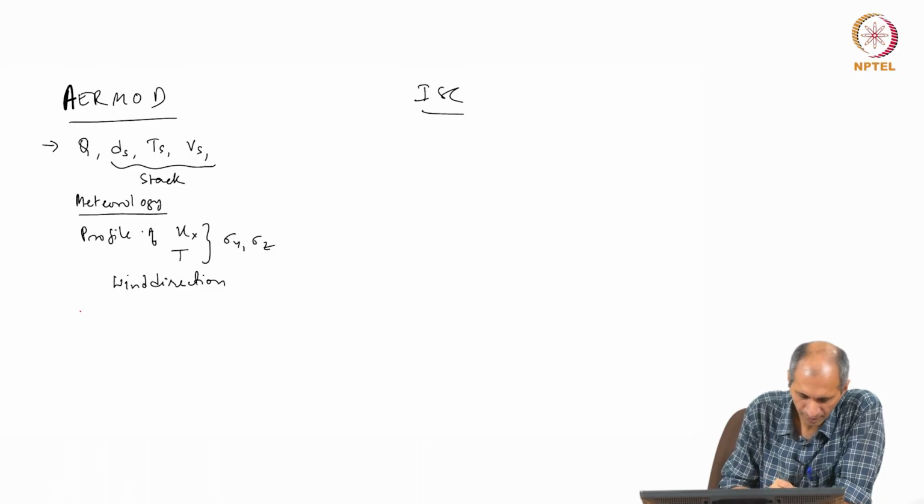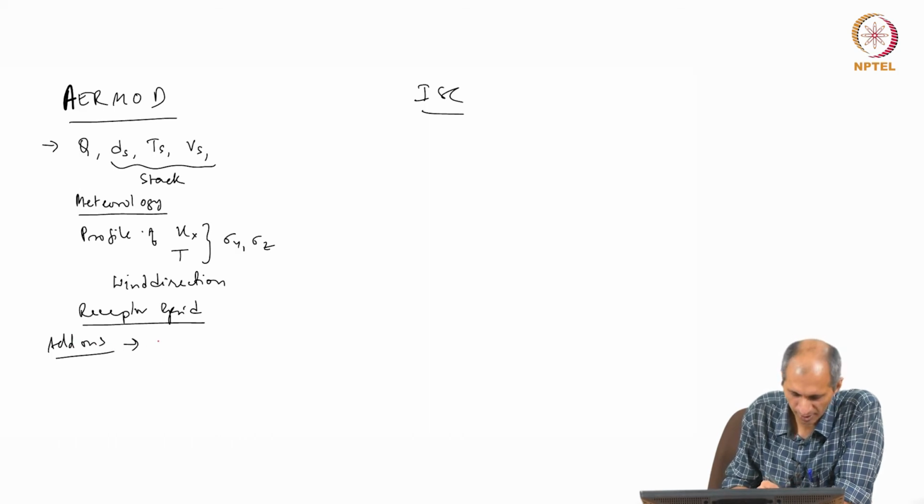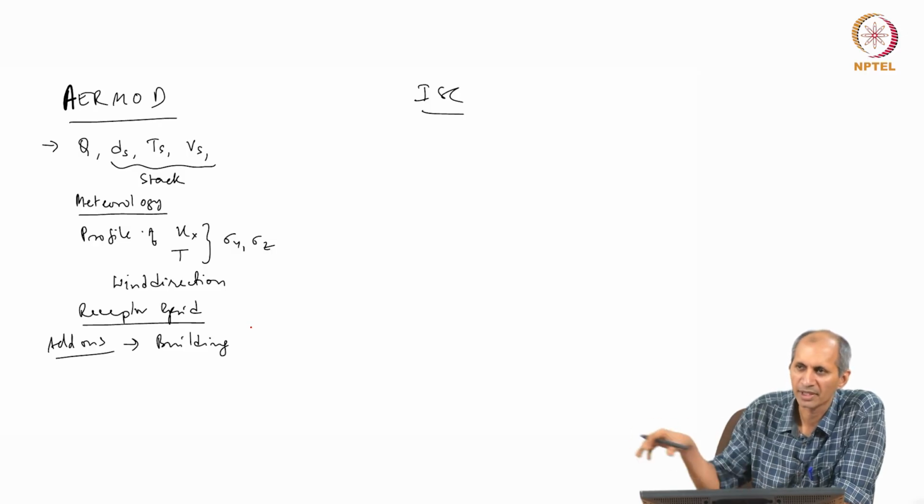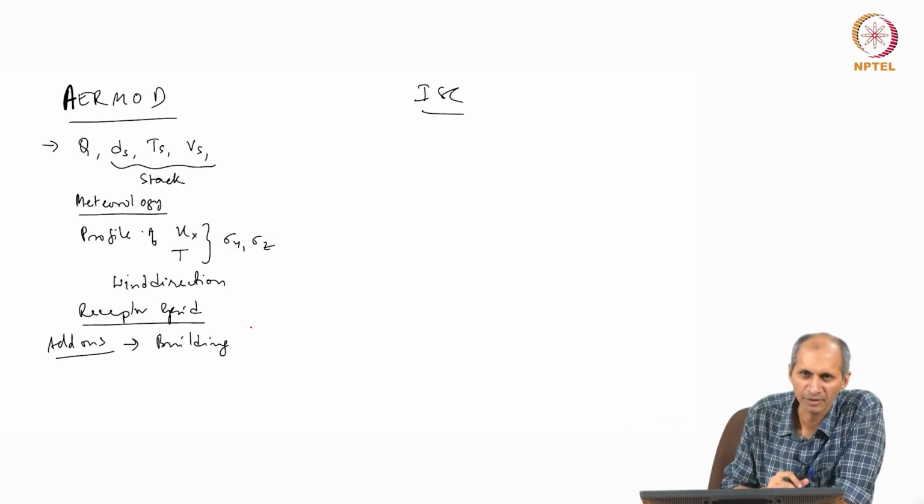Yeah. Then you need a receptor grid. You need to specify where you want to measure, and you can also add add-ons. One you can input here is a building, for effects of building. For the building downwash, you can say where some buildings are and what the dimensions of the buildings are with reference to the source.